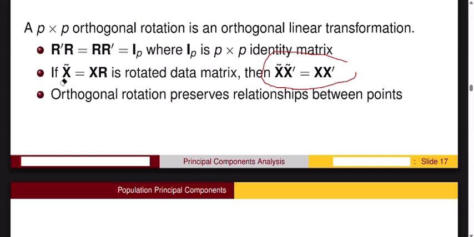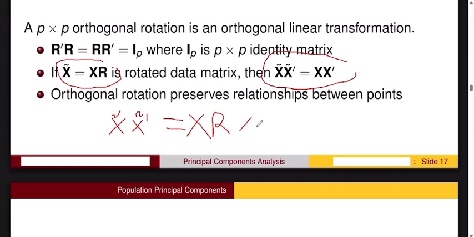Pay attention. If I have X star and the transpose of X star, what is X star? X star is given to be XR here. So XR, and then XR transpose. What is going to happen?